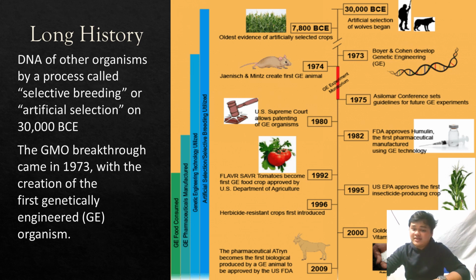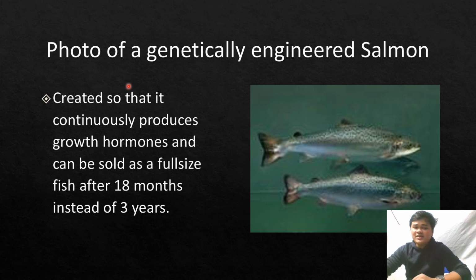But according to the US, their prediction is that by 2050, this will be a big help to the community and to the world. 70% of the food needed will come from genetically engineered products. This is an example of a genetically engineered salmon.